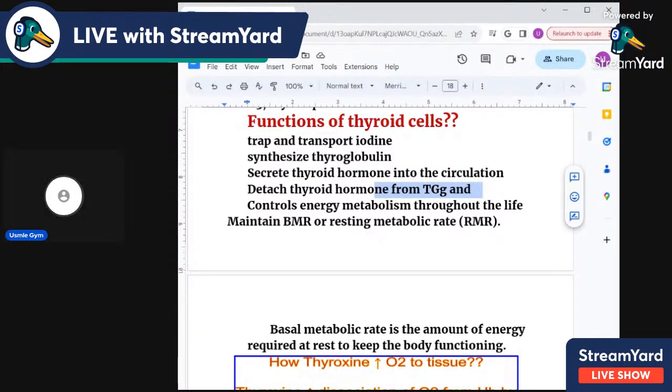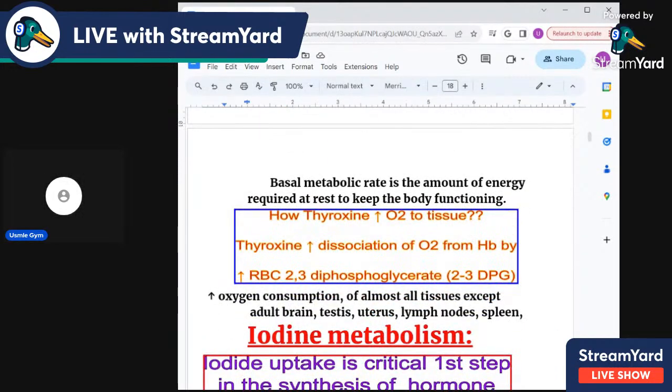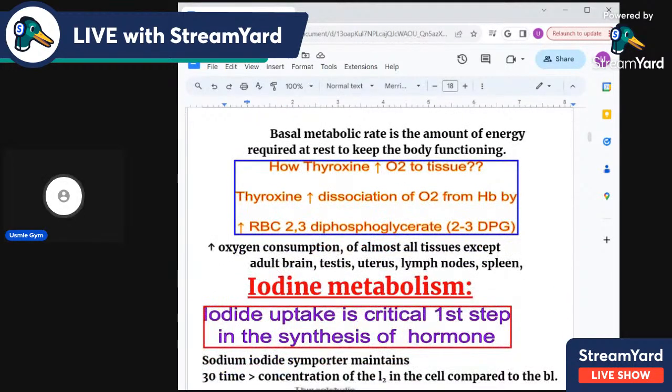It controls the energy metabolism throughout life and maintains BMR, basal metabolic rate, or resting metabolic rate. So what's BMR? BMR is the amount of energy required to keep the body functioning. That's basal metabolic rate. So how does it do that?